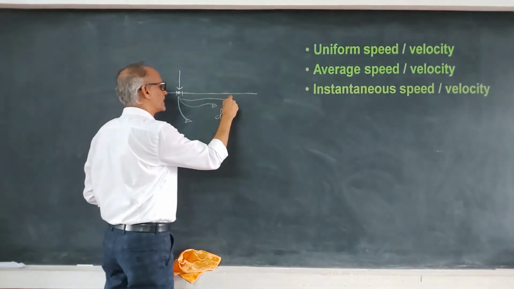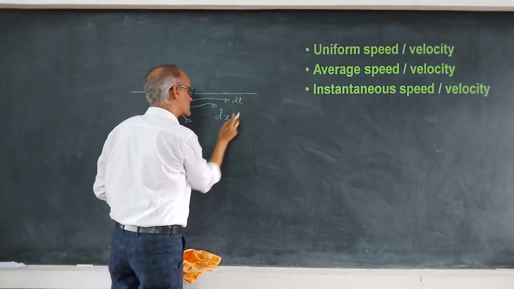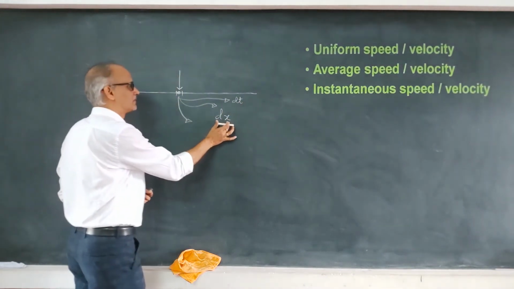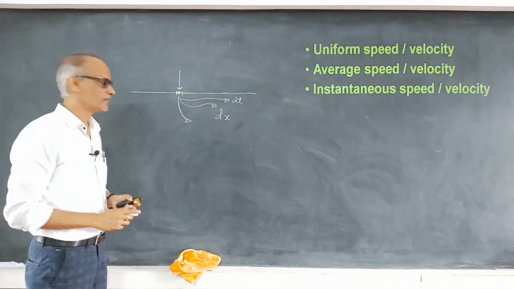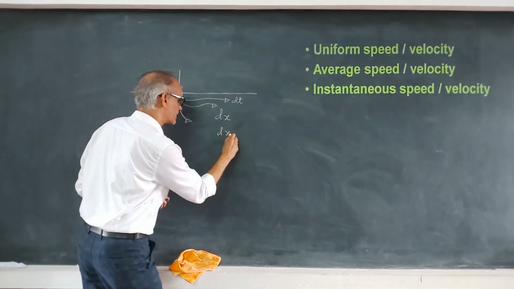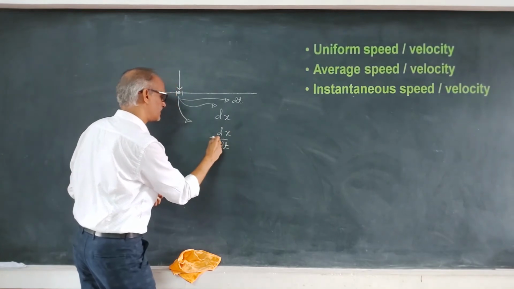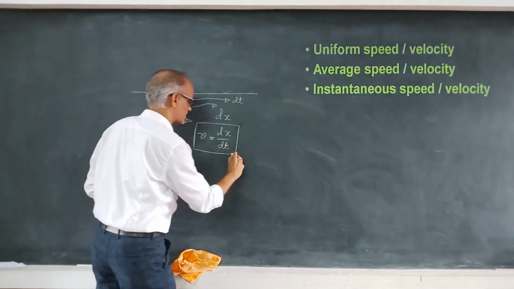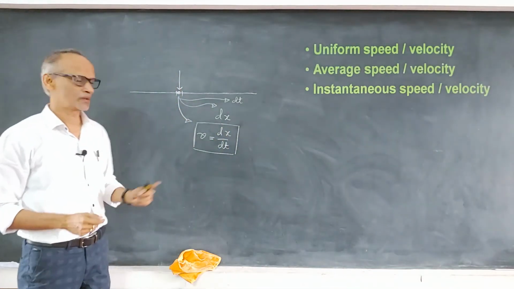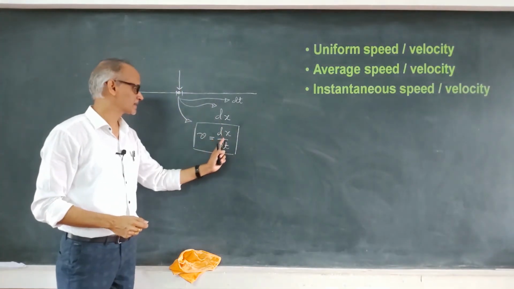Let us take for that small distance, if it takes a time, again a small interval of time dt, then dx by dt will give you the instantaneous speed or instantaneous velocity. Okay. So v is equal to dx by dt.